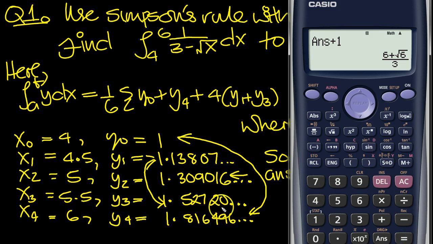Then it's plus 2 times this number here, 1.309016, plus 4 times bracket these two added together: 1.13807 plus 1.52720.